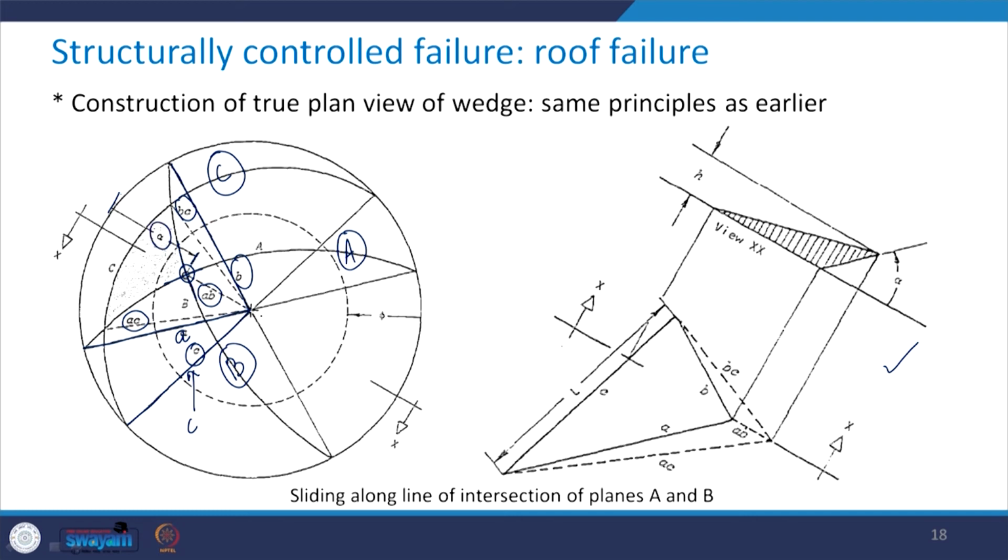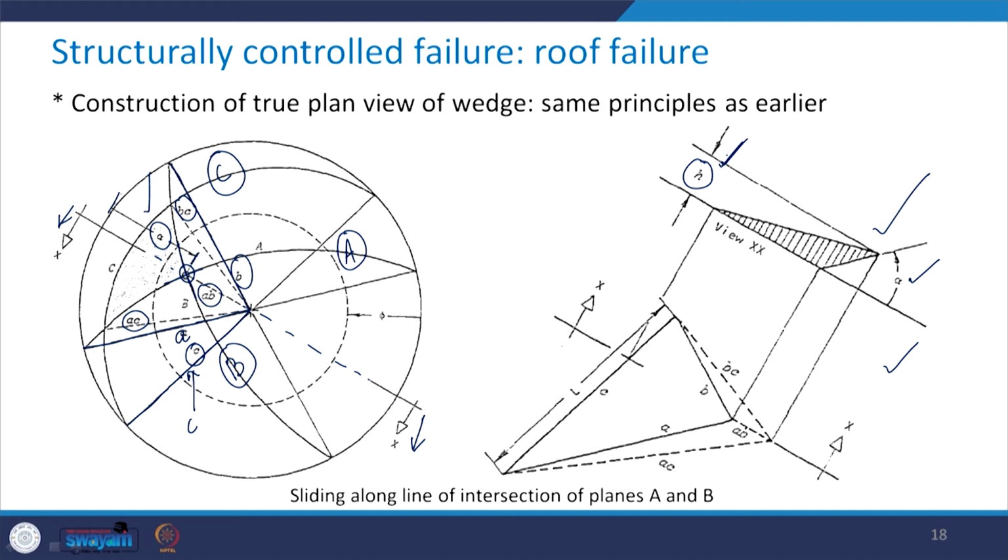And a section XX which is passing through the center of the net has been taken in this direction. So, the view is to be taken along this XX direction in this particular manner. So, exactly on those same lines you construct this portion, find out this height of the wedge. You can get the angle alpha from this stereographic projection, construct it, and you will be able to get the height of this wedge.